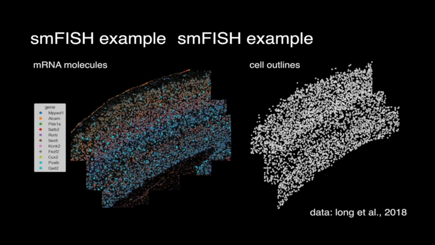I should say that this sample is from cortex, and a neuroanatomist did a heroic job of manually segmenting all of these cells as well. So now we can attribute each spot to each cell to make a cell-by-gene expression matrix. And now we can actually do some biology.